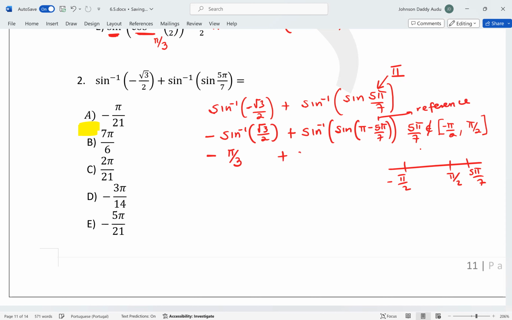So this will be plus sine inverse of what? Sine. And this now is going to be what? 2 pi over 7. Right. Now, we have to check again.